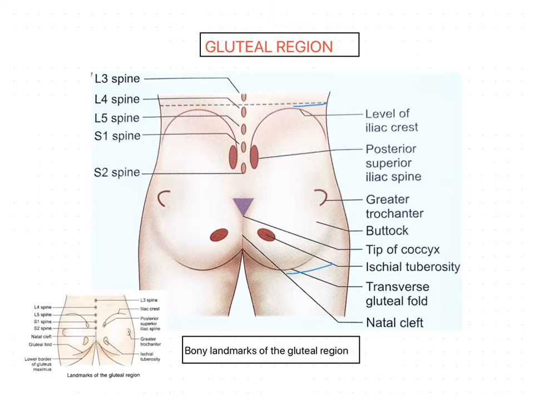The muscles, nerves and vessels emerging from the pelvis are covered by the gluteus maximus and buttock. Morphologically, the erect posture of man has led to extension at the hip joint and the appearance of the gluteal fold, which is a transverse skin crease of the hip joint.